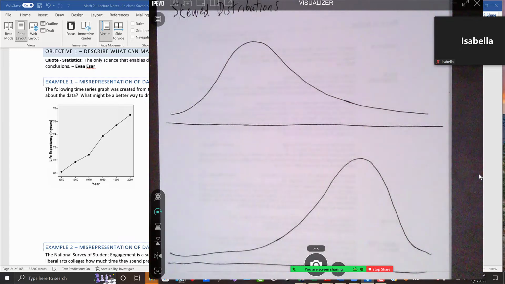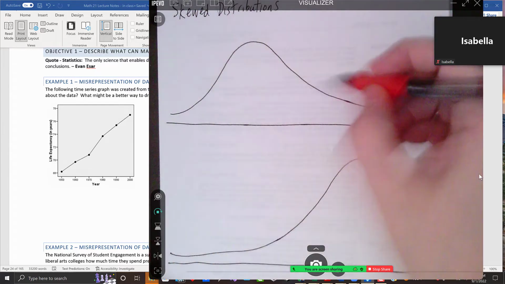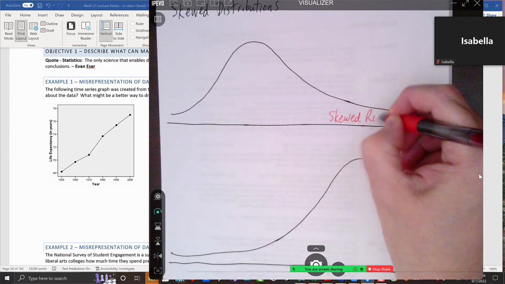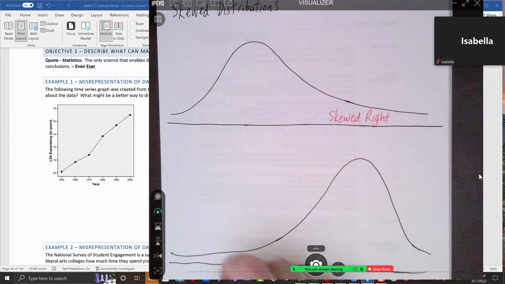So this one here is called the skewed right distribution. And this one is called the skewed left.